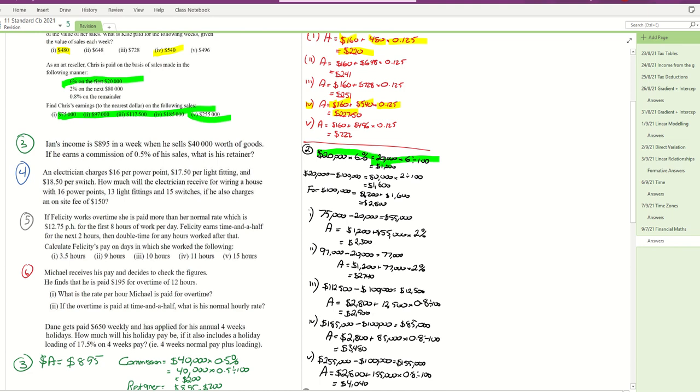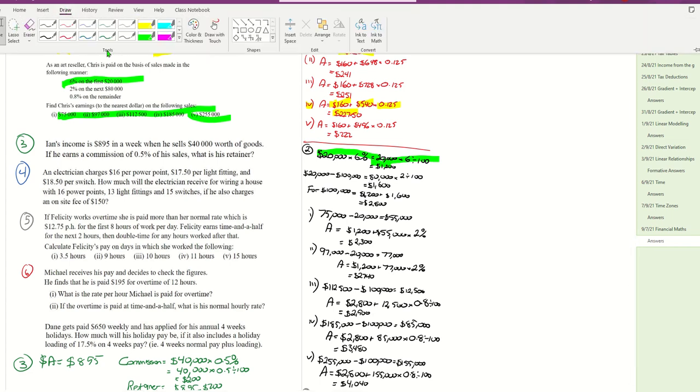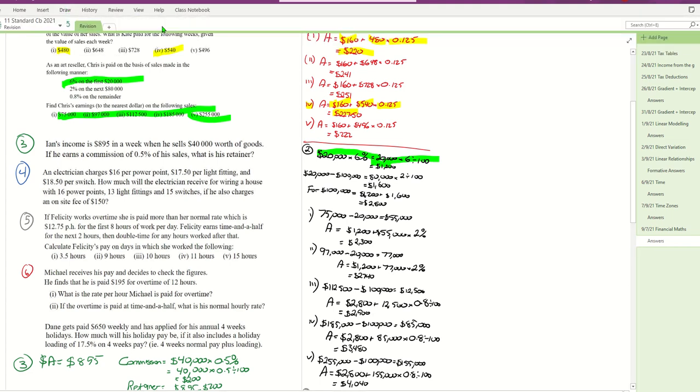It's also told me that the next $80,000 he earns, he's going to get paid 2%. So the next 80,000 is from 20,000 to 100,000, which is $80,000, paid 2%.